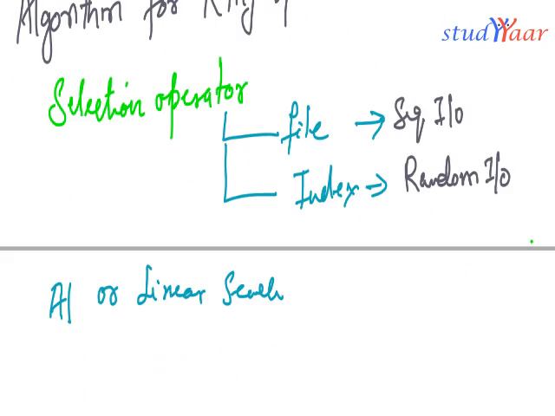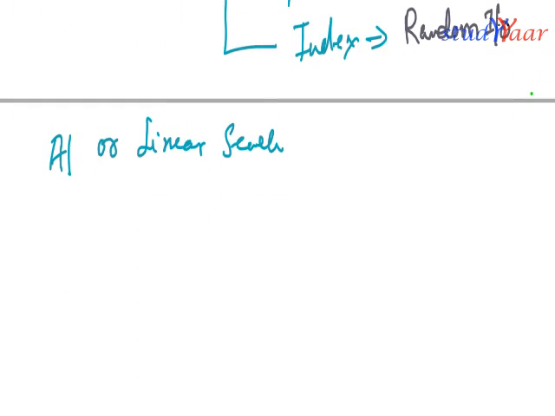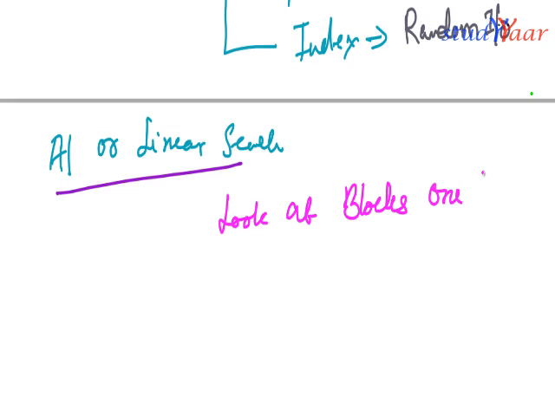Let's suppose I have a condition theta which says find salary equal to 50,000. What I'm going to do in linear search is look at blocks one by one, sequentially.